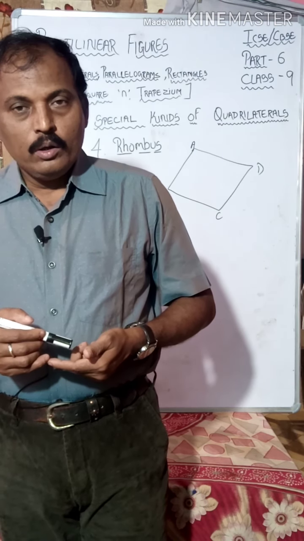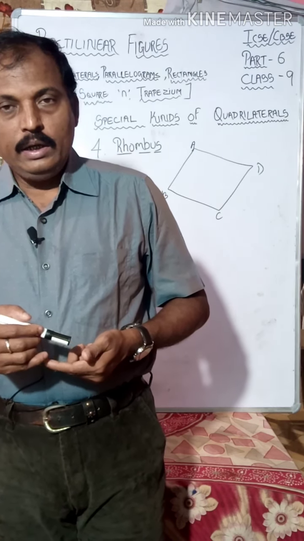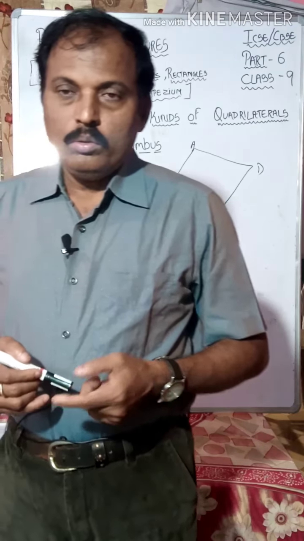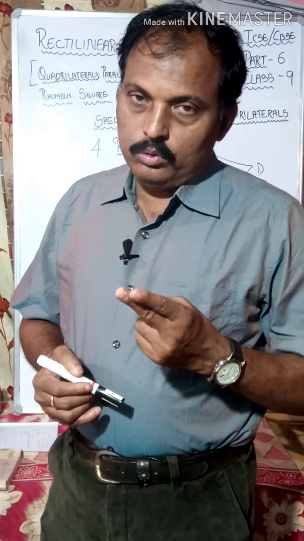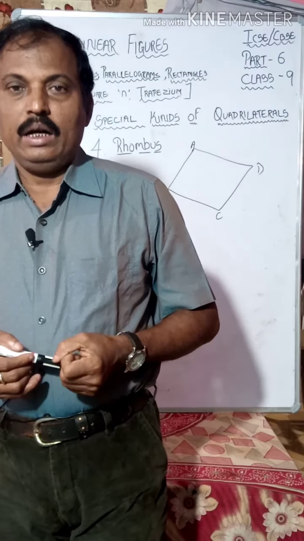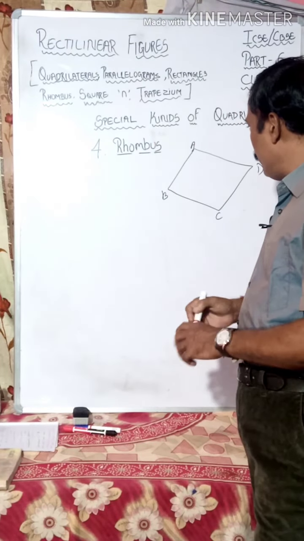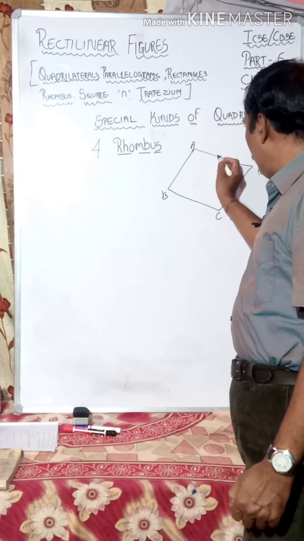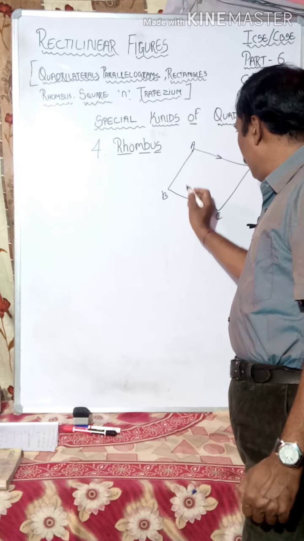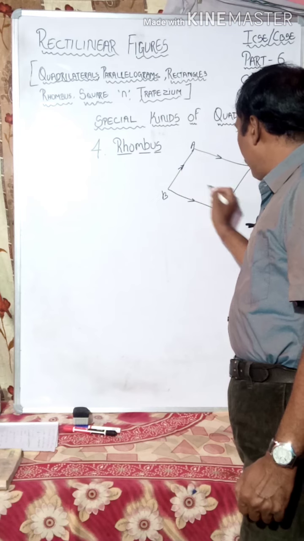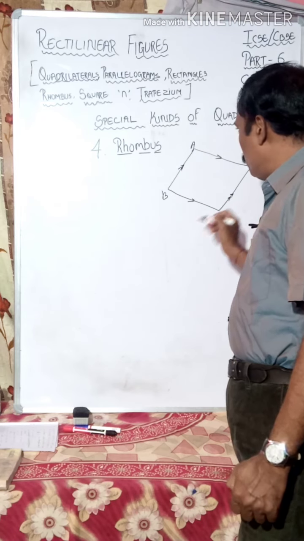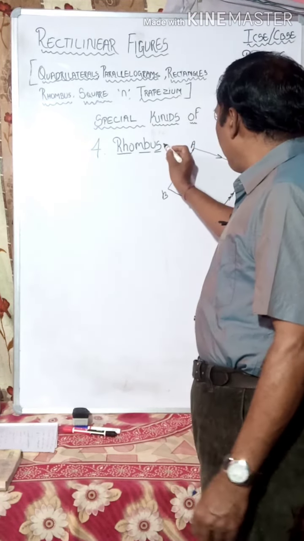So a rhombus is a parallelogram with two adjacent sides equal. If this is a parallelogram, AD is parallel to BC and AB is parallel to CD, because we know a rhombus is first a parallelogram.